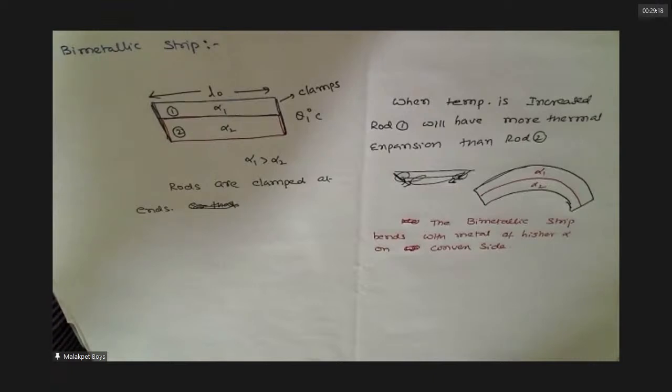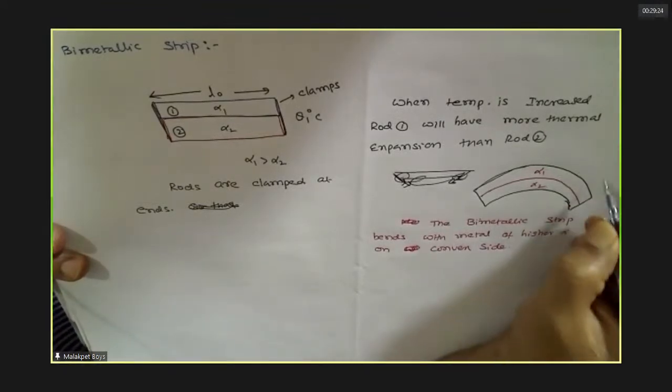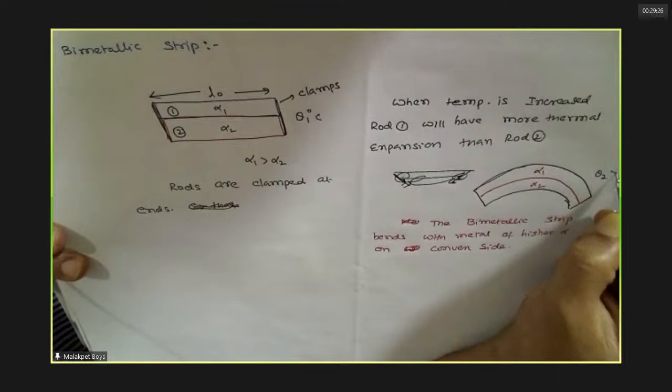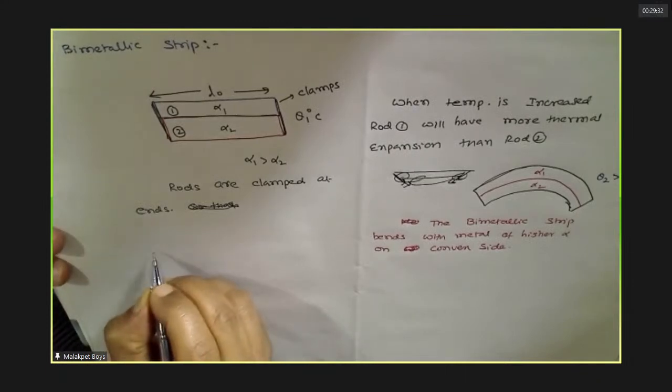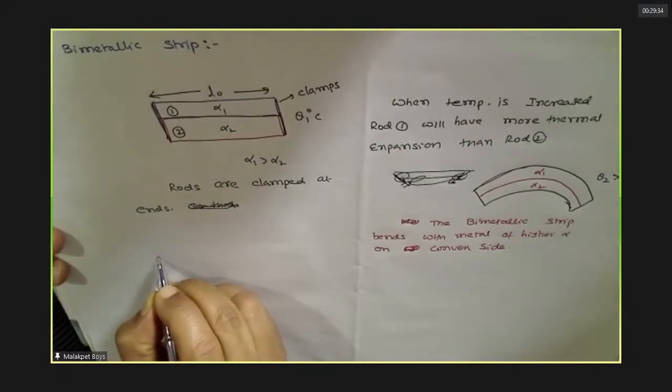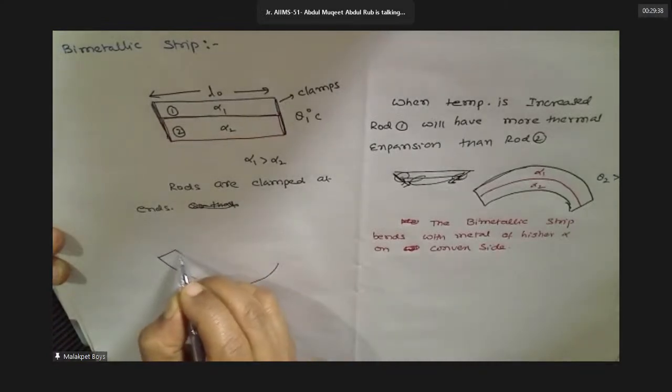It will bend on the side which has higher alpha. Now on the other hand, if it is cooled, it will take a concave shape.